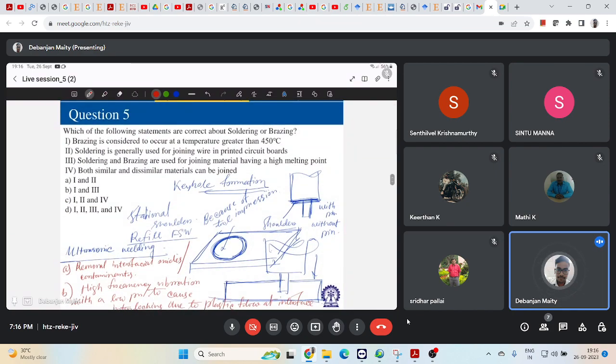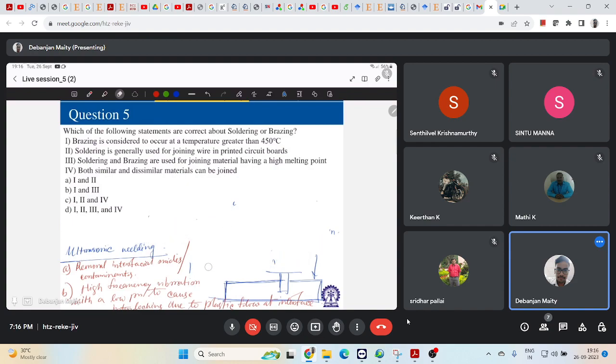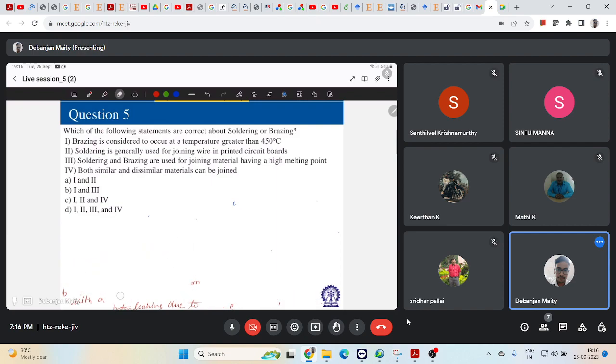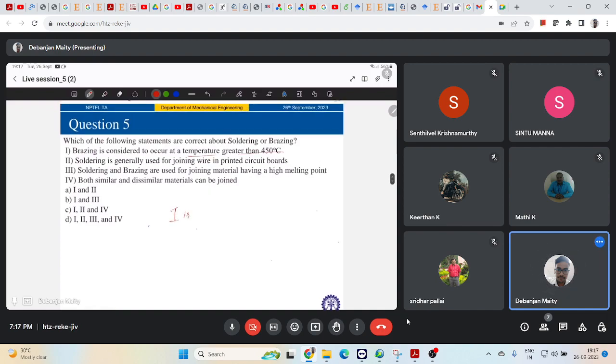Which of the following statements are correct about soldering or brazing? It says brazing is considered to occur at a temperature above 450 degrees. This is true. One is true. Soldering is generally used for joining wire in printed circuit boards.